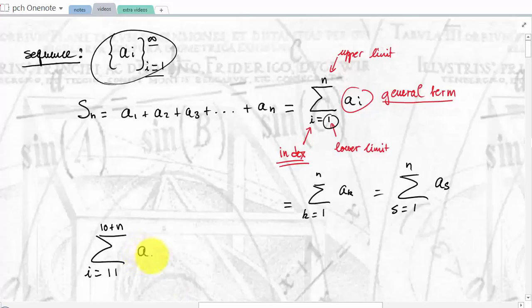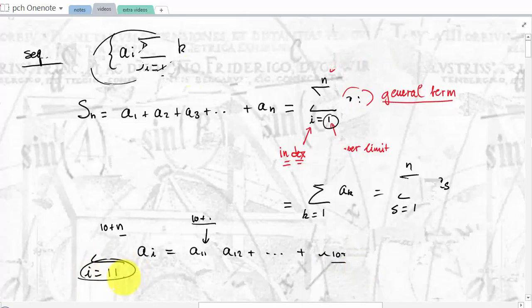So what is that? This is a11 plus a12 plus etc. plus a_(10+n). And so how many terms have you added? From 10 plus 1 to 10 plus n, you've added n terms. So again, you don't have to start at 1.